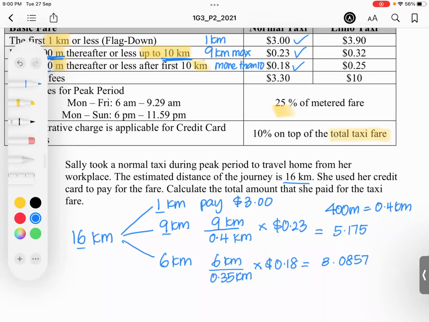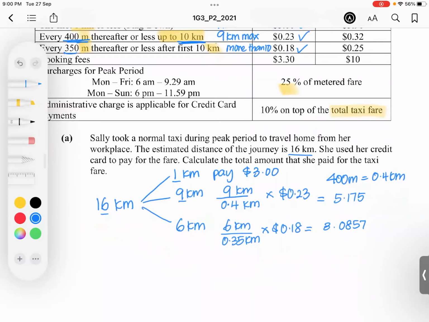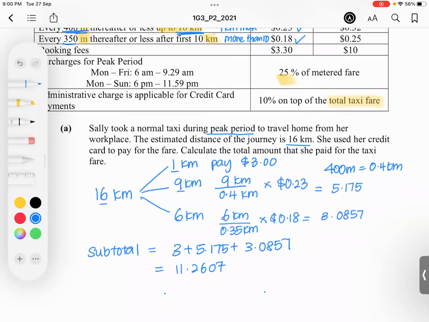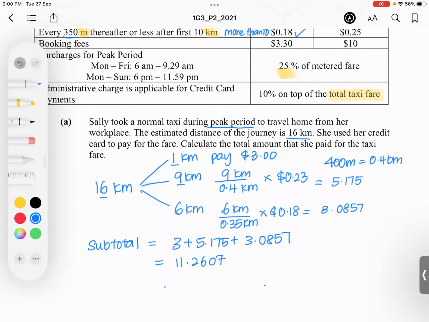Now I add up my subtotal of charges because it's taking the peak period. My subtotal will be 3 plus 5.175 plus 3.0857. Remember, it's not the final answer, so you can work up to an accuracy of 5 significant figures. Then I get $11.2607, but I'm not going to round it to 2 DP yet.